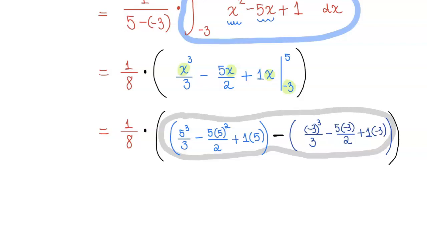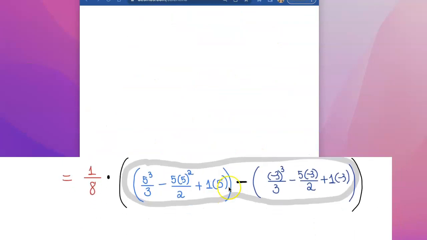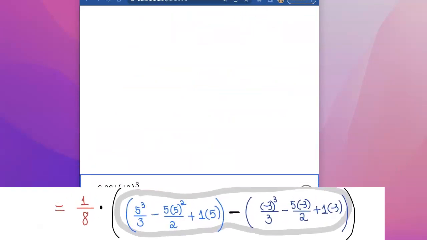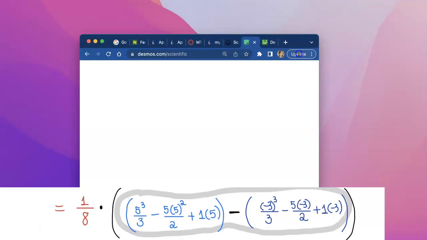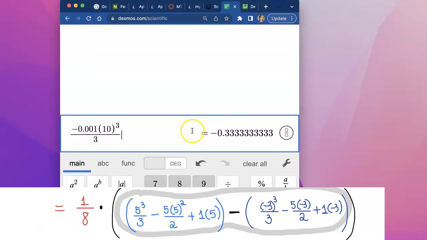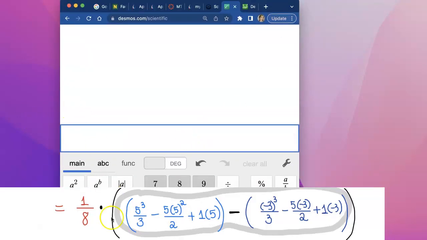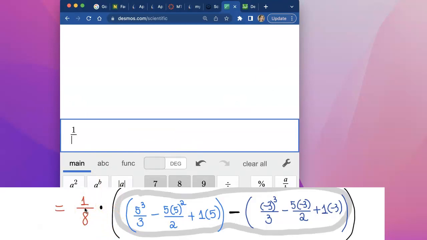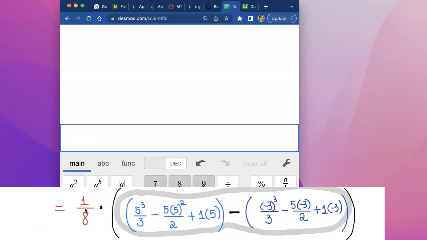I am going to get a calculator for this. Desmos scientific calculator. Okay, I got it. So that gray is what I'm typing in. Actually, I can type in the whole entire thing, starting with 1 over 8. But when you do this on your scientific calculator, you have to be very careful with all these parentheses. I know myself, I'm probably going to mess up typing in all these.